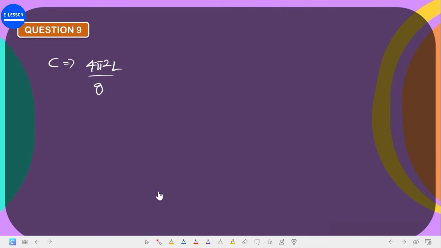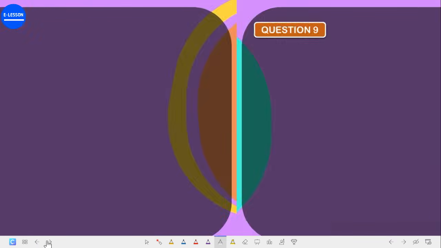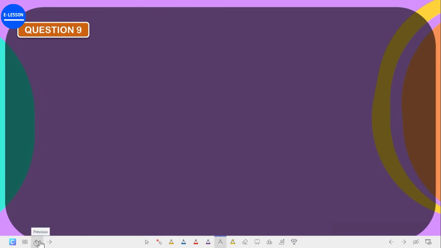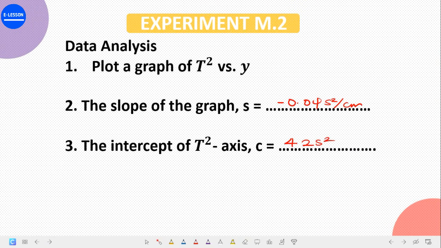So let's use that one since our values are in centimeter. So c will be equal to 4 pi square times L divided by 985.96. Now if you use this, it means we are using centimeter per second square. What is your c intercept? The c is the intercept, which we got as 4.25.